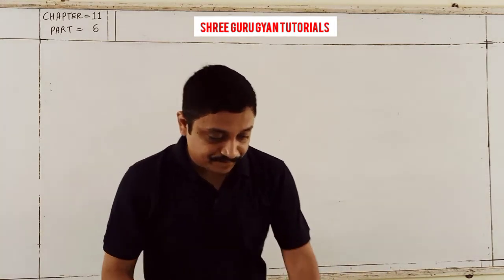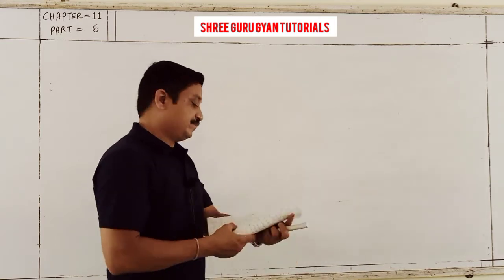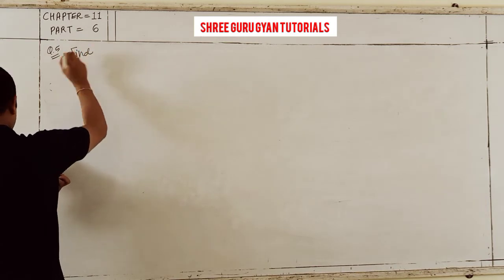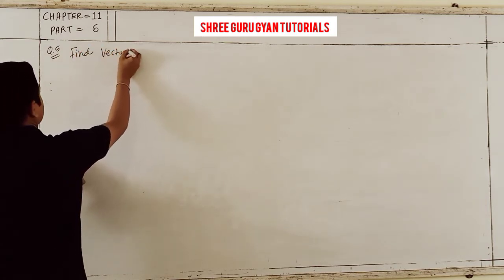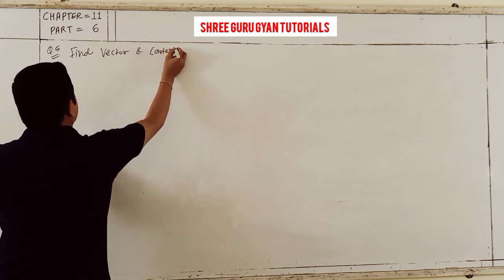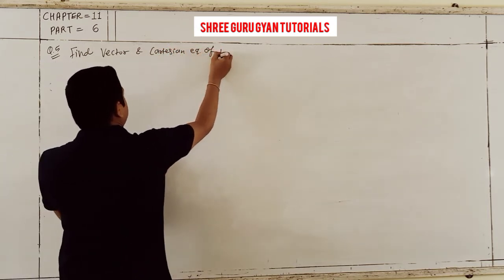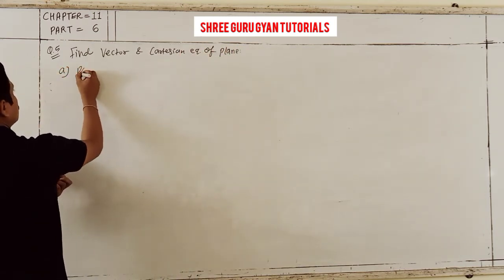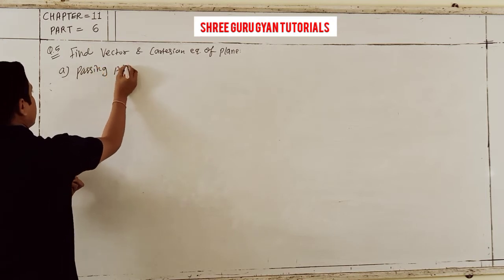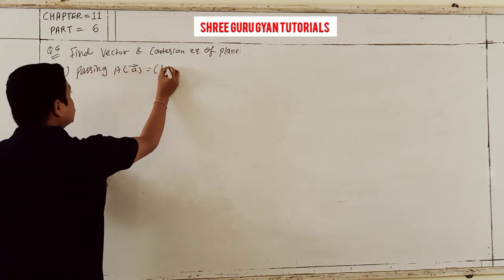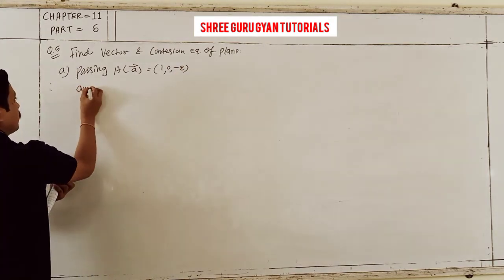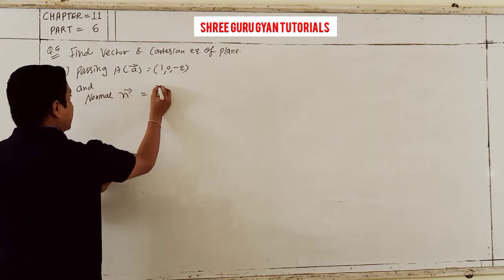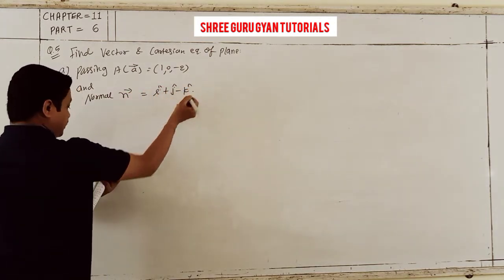So in question number 5, find, first of all, a heading written, find vector and Cartesian equation of plane having, first one, given that passing through a bar with direction 1, 0, minus 2 and normal n cap given, which is i plus j minus k.